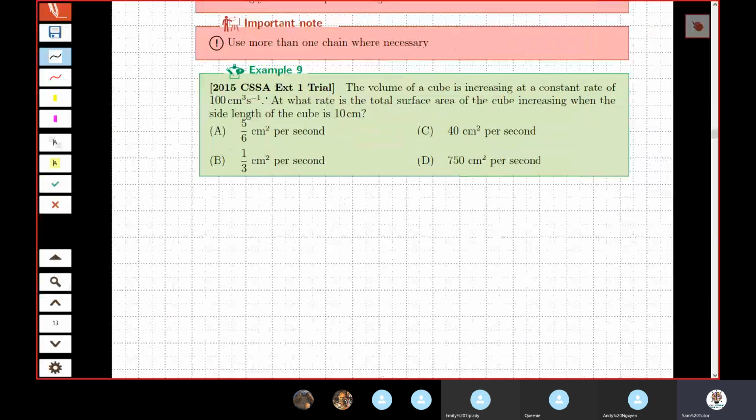So let's have a look at this. This was a 2015 Extension 1 trial, and unfortunately they were annoying and put it in the multiple choice. Because it's in the multiple choice, it's only worth 1 mark, but as you guys know, it's probably worth 3 marks of working out. So when we do revision for our exams, you'll probably see me saying we're not going to do our multiple choice at the beginning, because worst case scenario you can just take a guess, whereas with your unseen questions, worst case scenario you can't write down anything if you haven't done the working out.